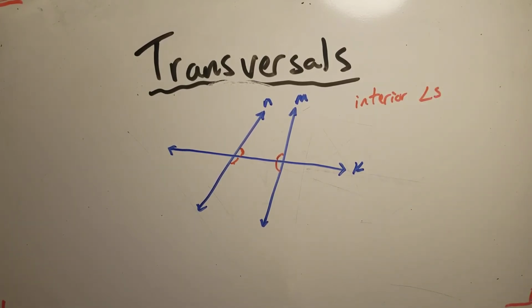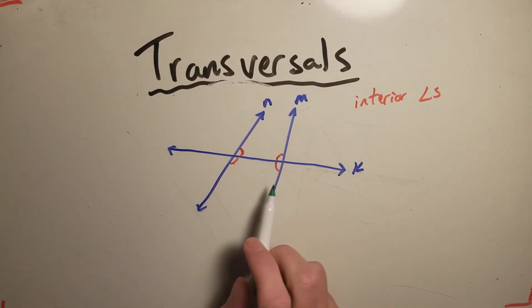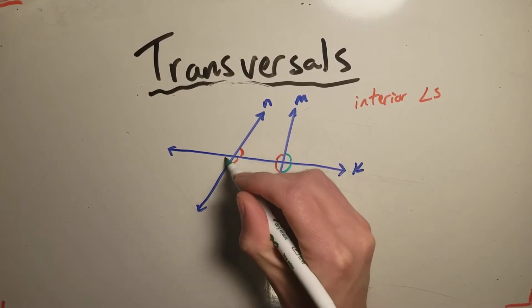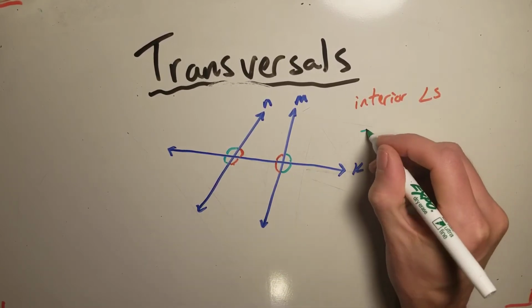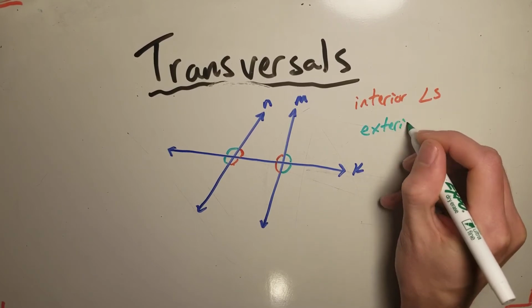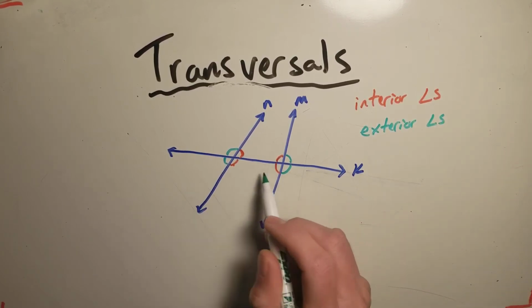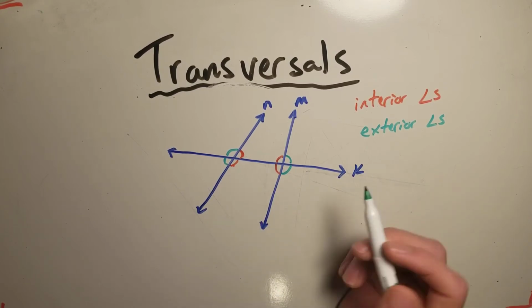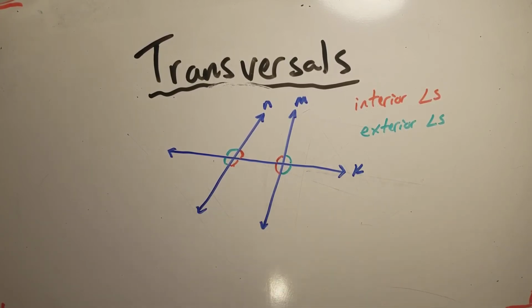Now if you look at the other four angles that are left, those are the angles that are outside, or not between N and M. So these four are the angles on the outside. We call them exterior angles. So the angles that lie between the two lines that were intersected, those are the interior angles. The angles that lie on the outside, we call them exterior angles.